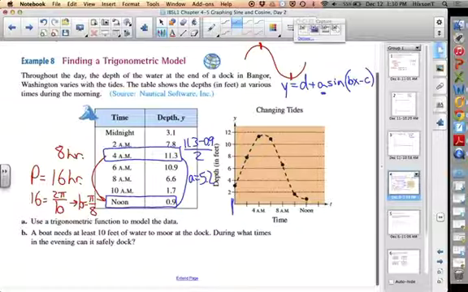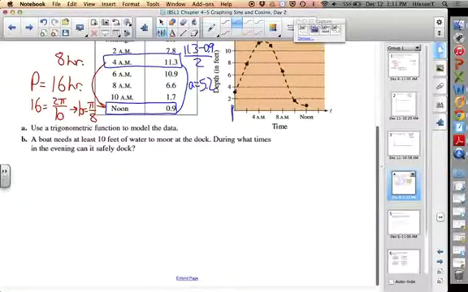At this point we now know the depth of the water, y, is going to equal 5.2 sine of pi over 8 times x. Now I need to figure out the translation. How far up was this sine curve moved, and how far over was the sine curve moved?